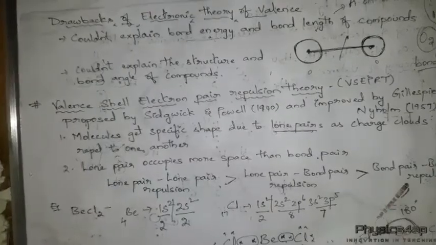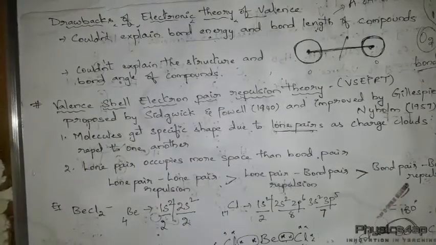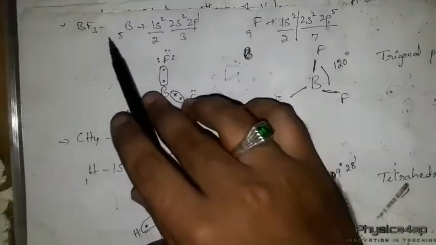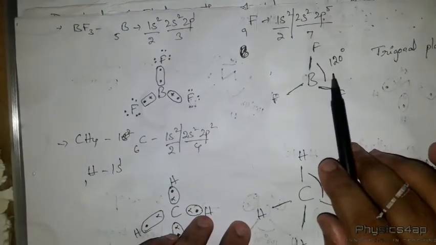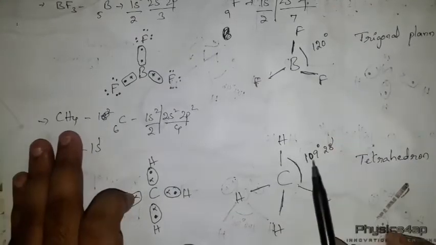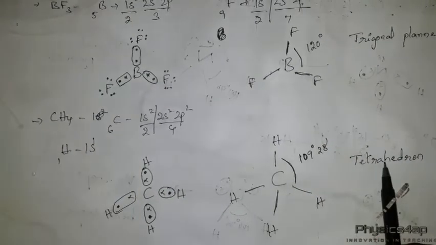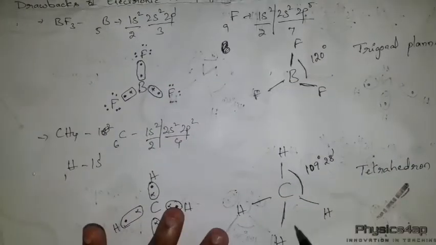and has an angle of 180 degrees, and we have seen boron trifluoride with an angle of 120 degrees, and the structure is trigonal planar. And for methane we have 109 degrees, which is the tetrahedral shape, and from here onwards we have bond pairs.